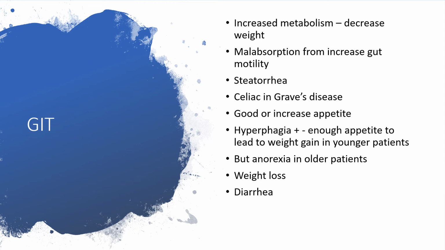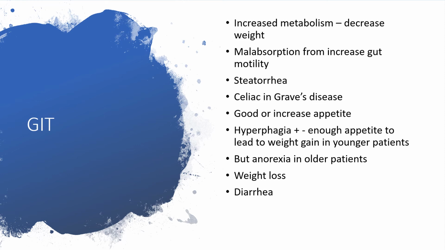Gastrointestinal tract. Increased metabolism because of hyperthyroidism will lead to unintentional decrease in weight. And of course, in hypothyroidism, if you check my channel, everything is low in them, but we're dealing with hyperthyroidism where everything will be high.